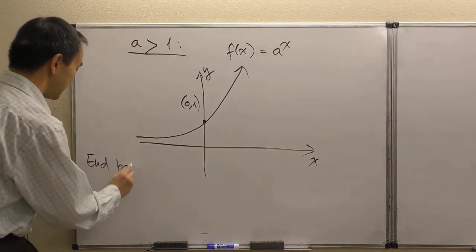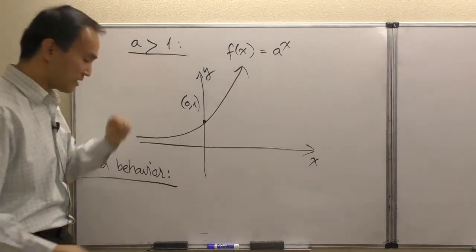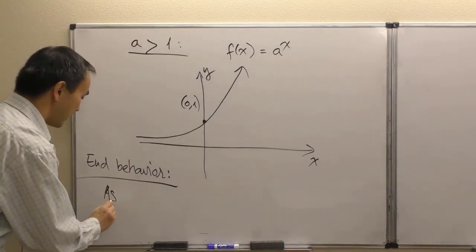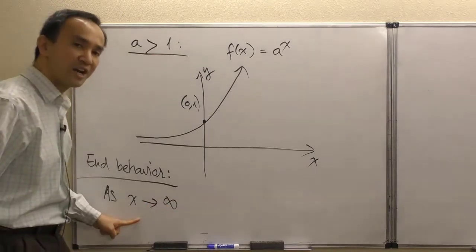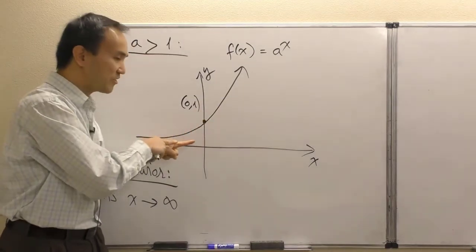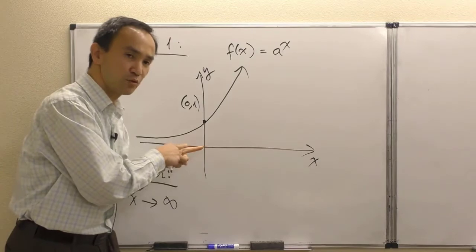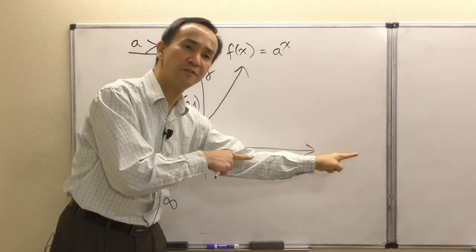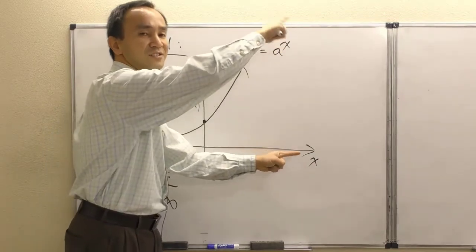The end behavior. For this case right here, as we let x approach or tend to the right-hand side, then the graph, as we're heading out on the horizontal axis to the right end and further right, vertically rises and rises and rises.